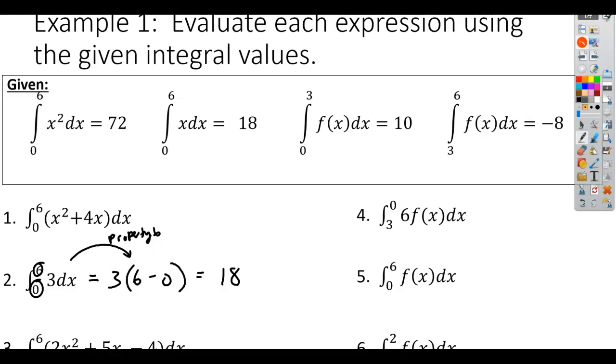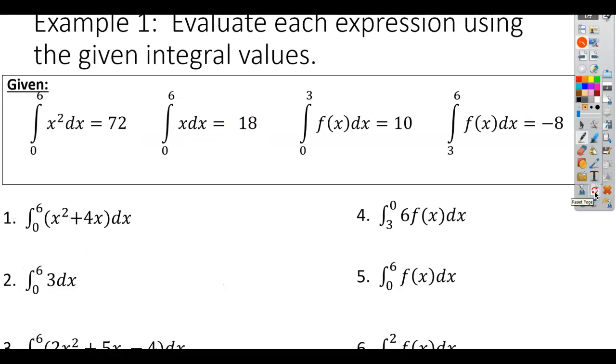Now, once again, just like number 1, we could integrate this the old way, where you add 1 to the power and divide by that number, and then do the fundamental theorem of calculus, or you could even use a calculator. You'll get the same answers. But I'm just showing you, since I've already given you this information up here, we can use our properties to get the answers quicker. All right?